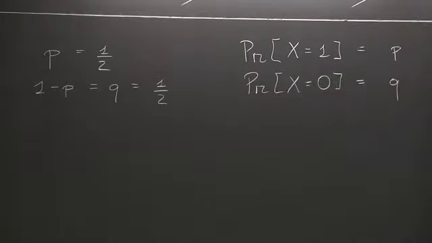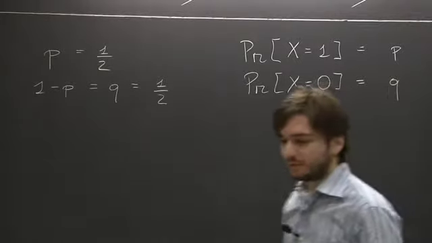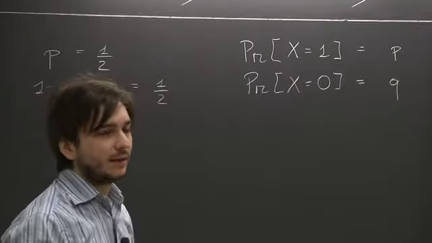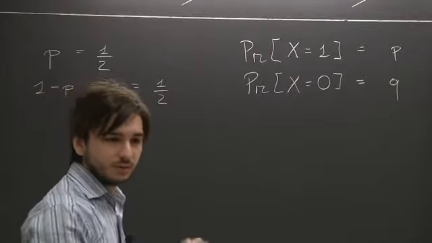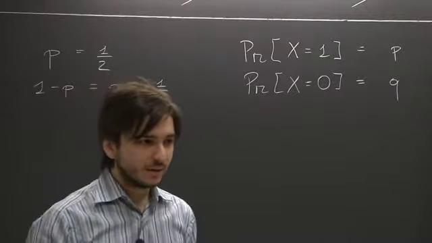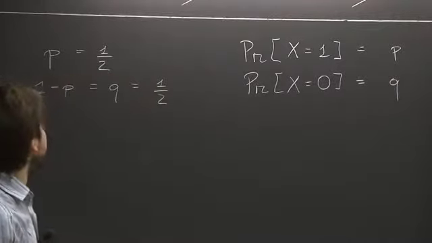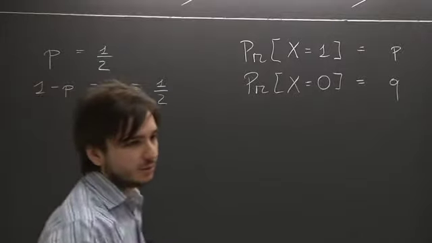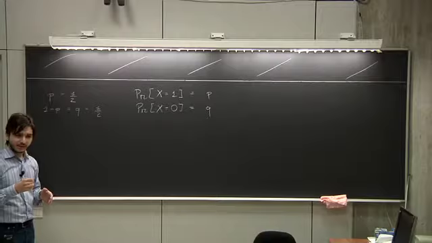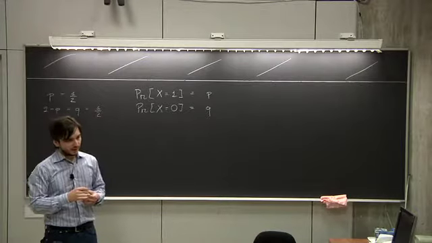We can easily generalize: think of rolling a die, where the event is getting the face 2. Then P is 1/6, and the probability that the event doesn't occur is the complementary, 1 minus 1/6, which is 5/6.